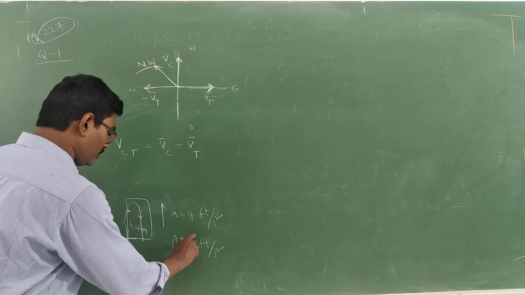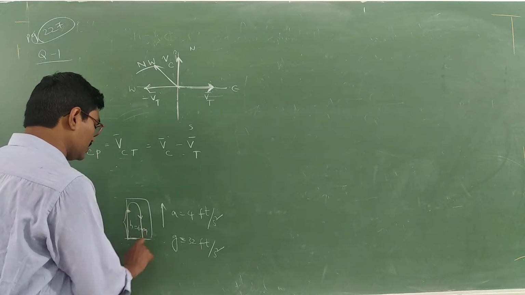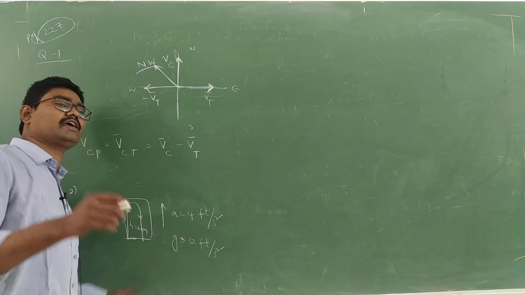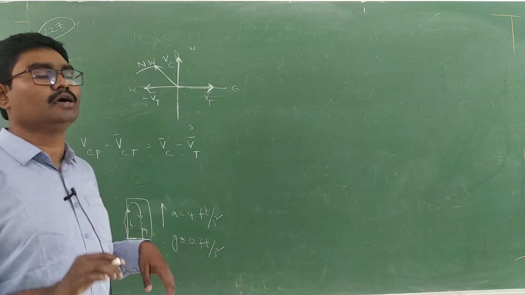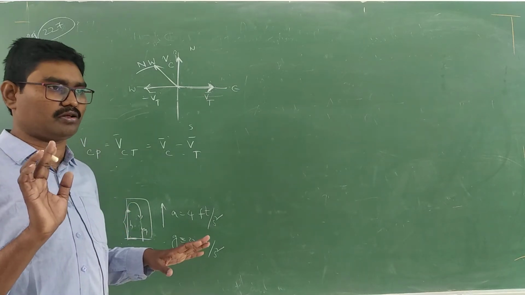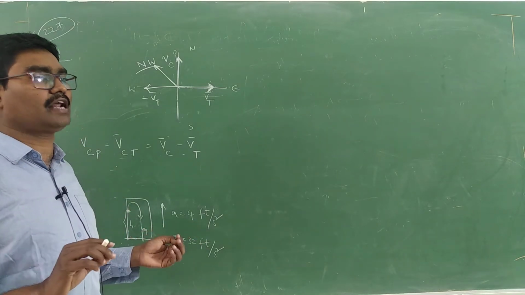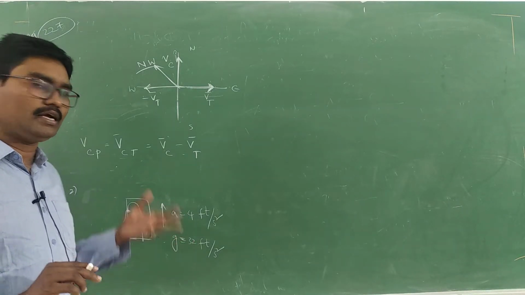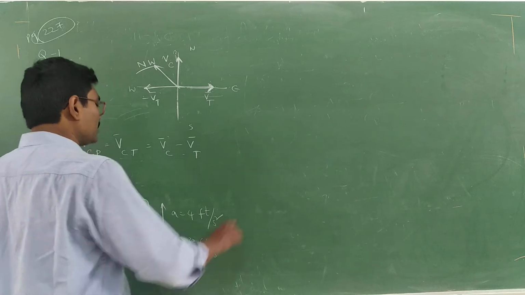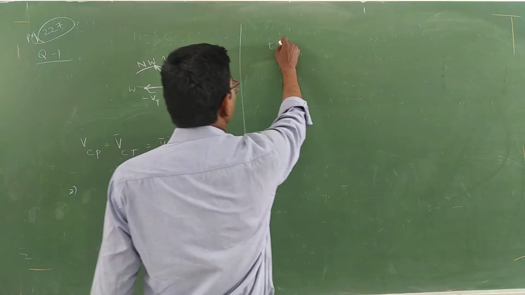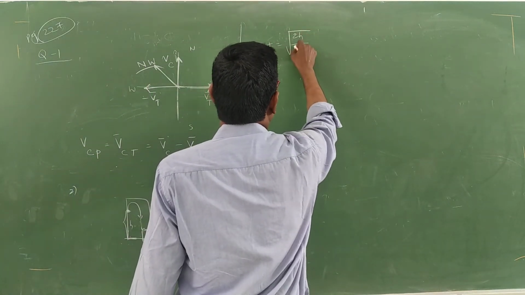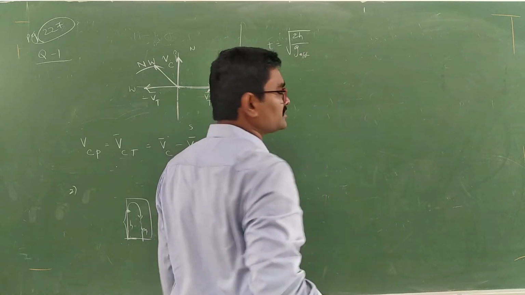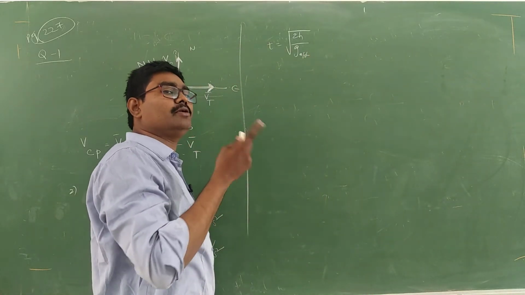Right. Now, the lift is going in the upward direction. Normally, if any body is falling down from a particular height, you will say root 2h by g, freely falling body, right? But it is going upward with an acceleration a, so g effective will be g plus a. Then what is the time of flight? T is equal to root of 2h by g effective. What is g effective? While going upward, g plus a.